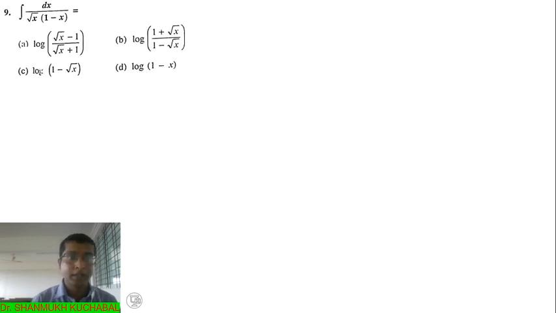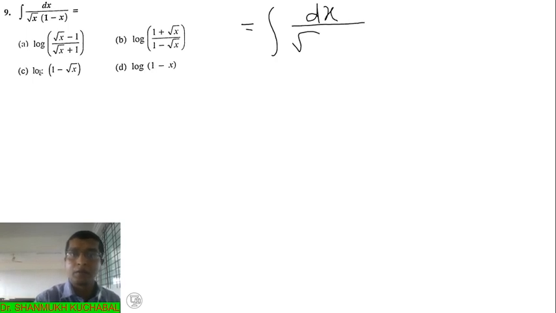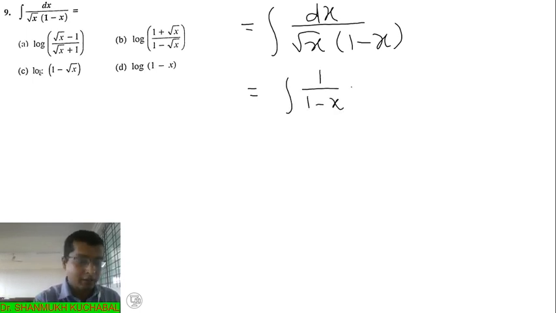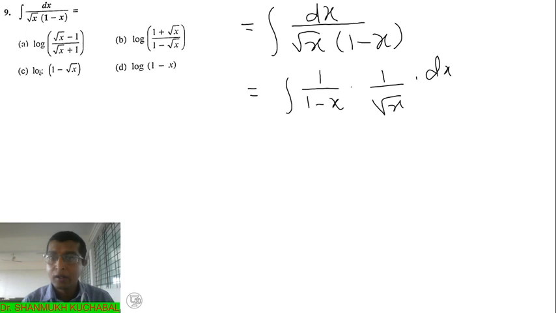Next we will move to example number 9. It is the integration of dx divided by root x into 1 minus x. Further this can be written as a multiplication, 1 divided by 1 minus x into 1 divided by root x into dx. So further root x I take as a substitution.